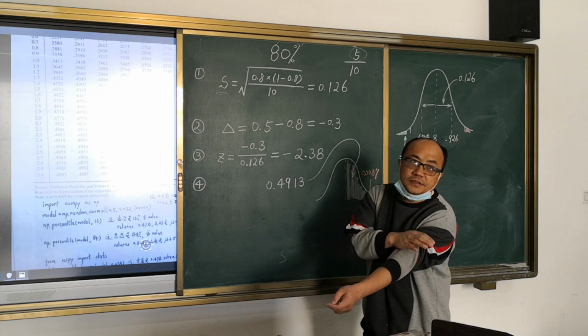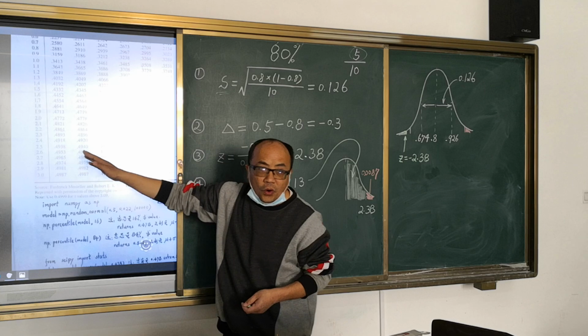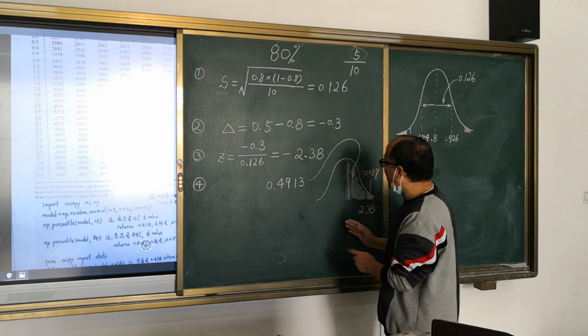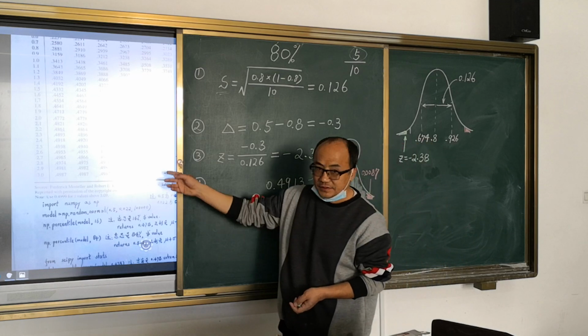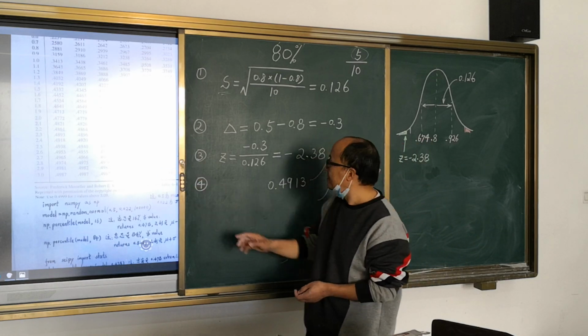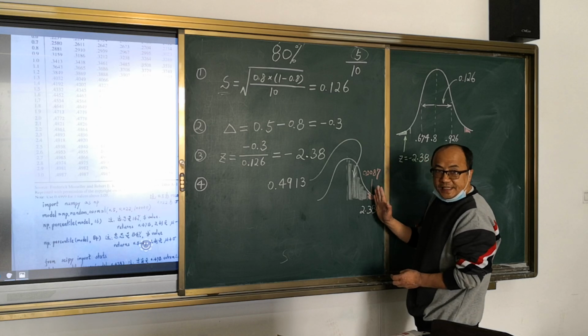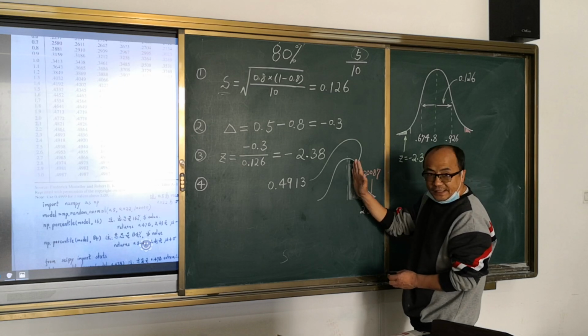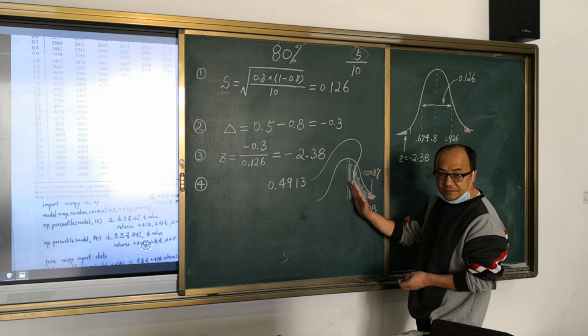You know how to check the z table, right? From the z score. The z score on this z table gives you use z value to the center, the area, the z value to the center.